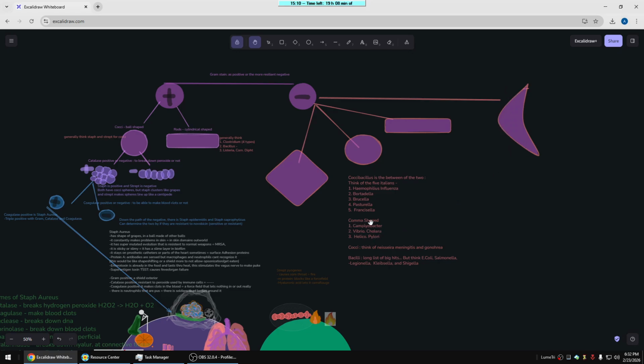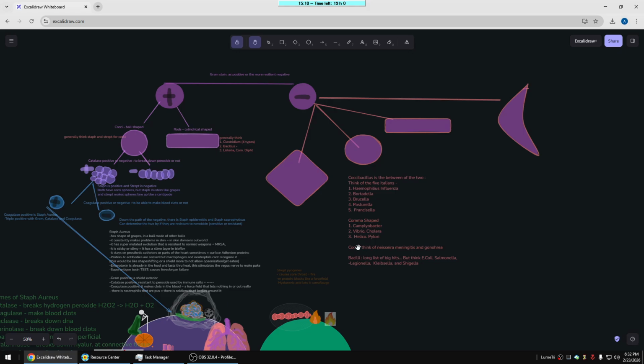These are also very Latin because they are Campylobacter, Vibrio cholerae, H. pylori. For these coccobacilli and comma shapes, you should think of Italian names, but the five are for coccobacilli, and the other three are big high yield, the comma shaped.